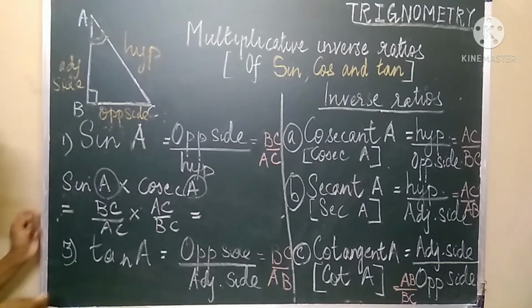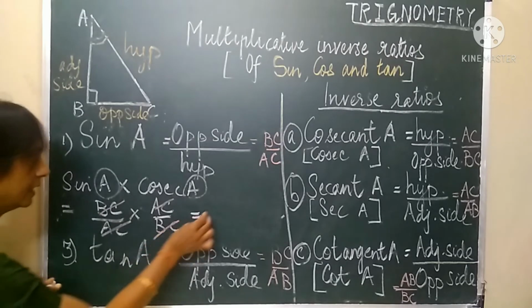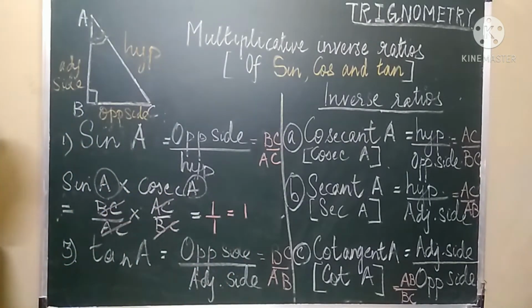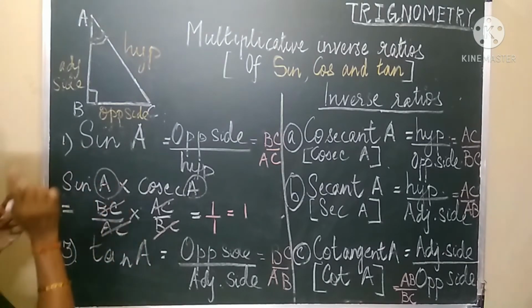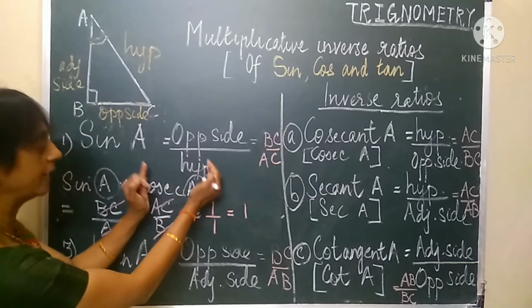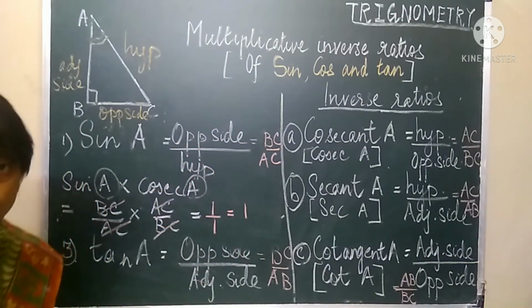So what is the answer? We see that AC and AC get reduced, BC and BC get reduced. So 1 upon 1, which is equal to 1. So in particular, what did we see? The product of any trigonometrical basic function multiplied by its multiplicative inverse is always equal to 1.